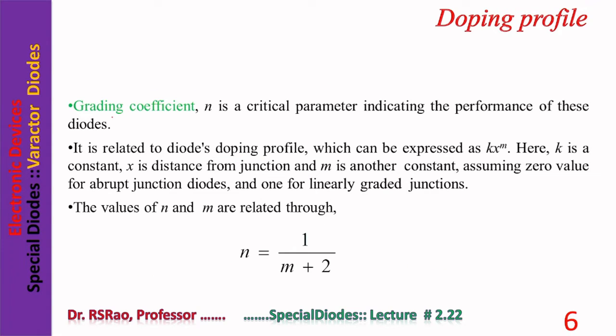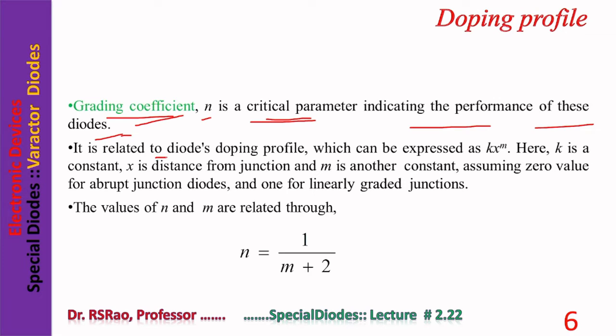As already mentioned, grading quotient is an important parameter pertaining to Varactor diodes. Some points here are being given to explain its importance. Grading quotient N is a critical parameter indicating the performance of the diodes.